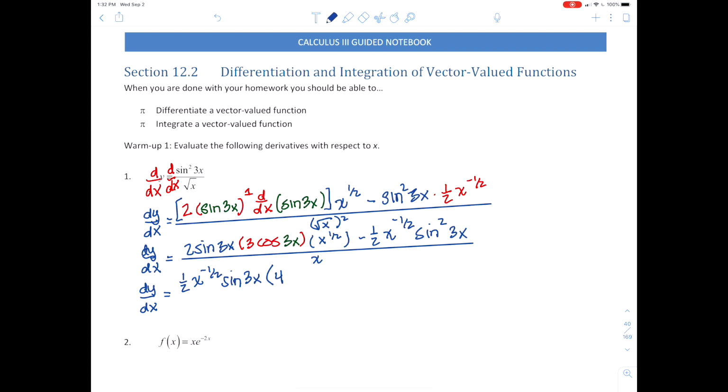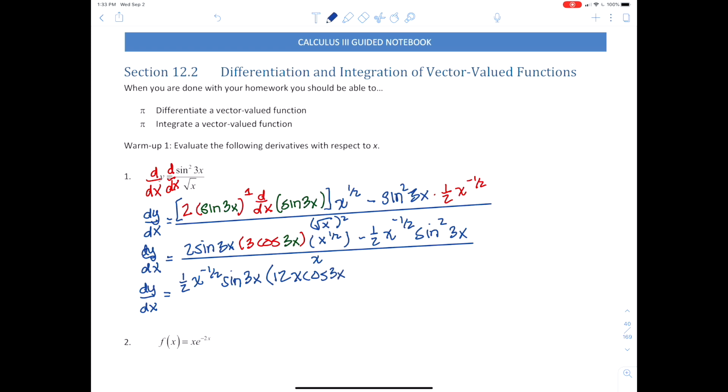I think we'll need a 4 to balance out that 1/2. We took care of our sine of 3x. We also need a 3, right? So I'm just going to erase that 4 and put 12, because we would have had 6, but we're multiplying by 1/2. And then as far as our x goes, it'll be x to the 1 power, because x to the negative 1/2 times x to the 1 is x to the positive 1/2. And then we'll have our cosine of 3x.